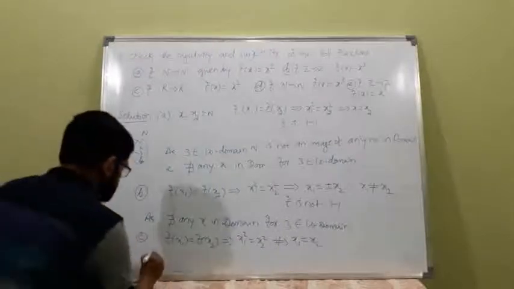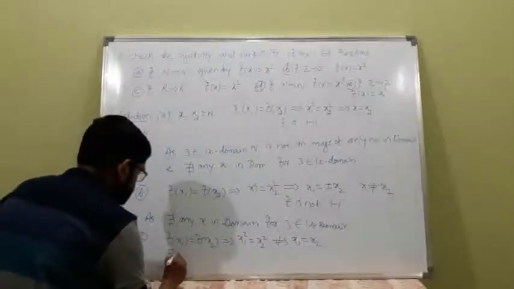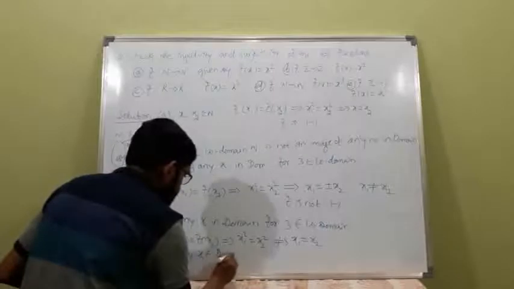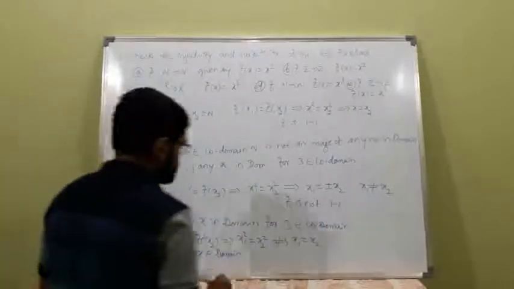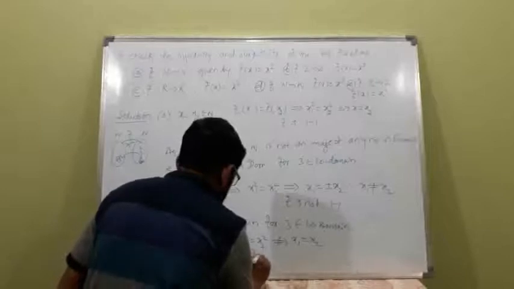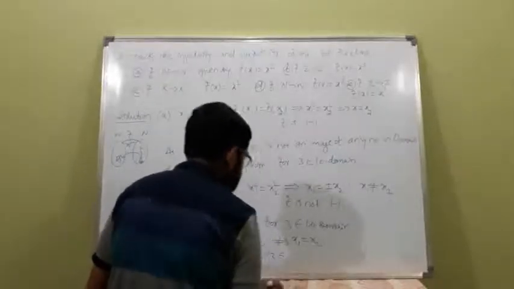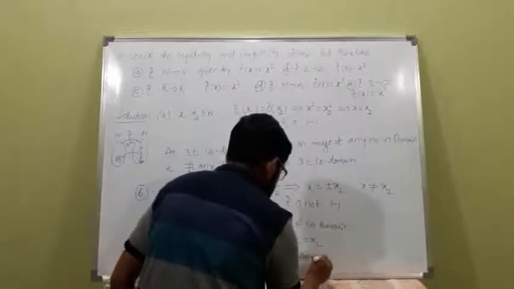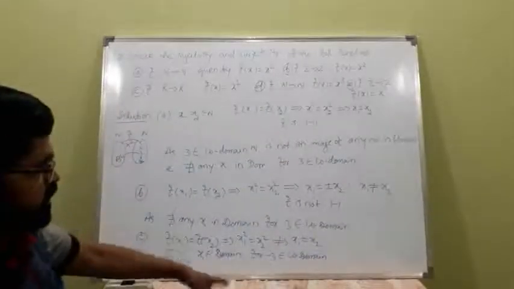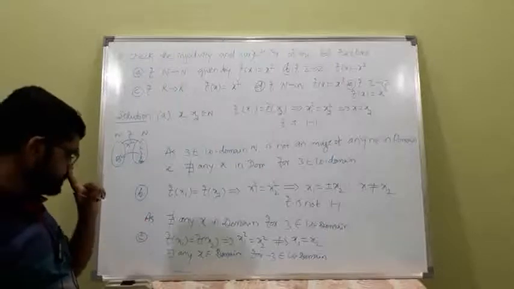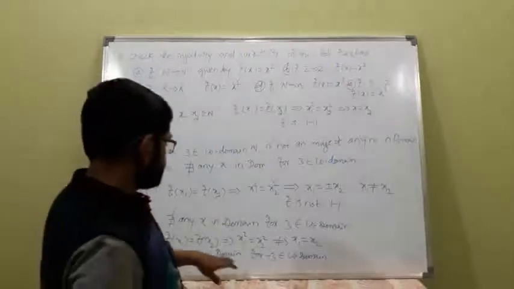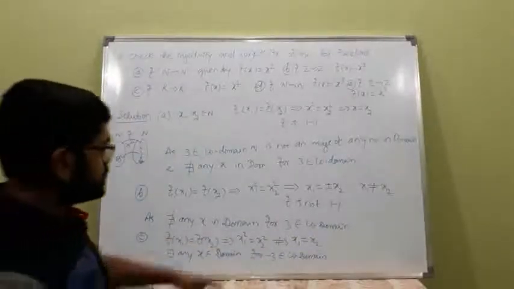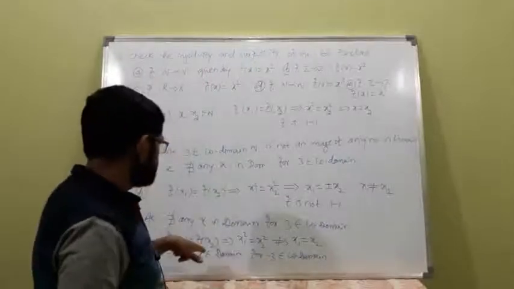And since there does not exist any x belonging to domain for minus 3 belonging to codomain, minus 3 in codomain is not the image, does not have any pre-image in domain, or minus 3 is not the image of any element in domain.